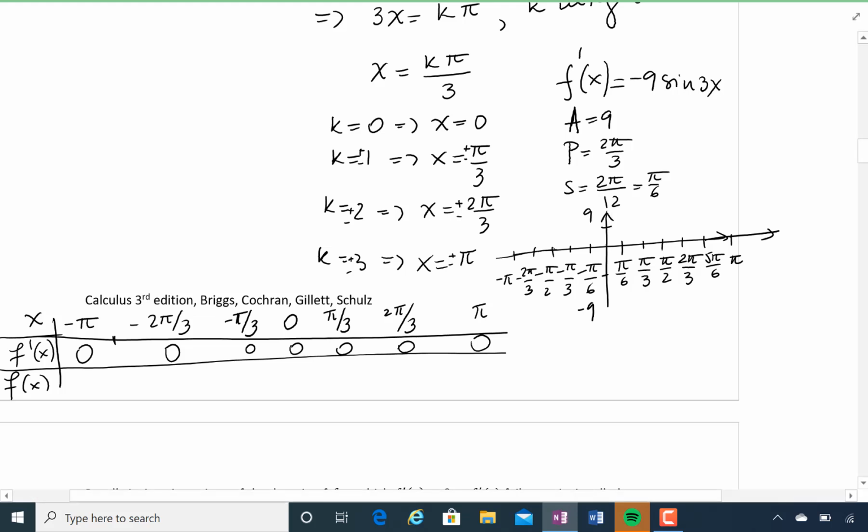It starts at negative 9, so 0, and then instead of going up, we go down and then up. So this is the graph on the positive side, and then the negative one, up, down.